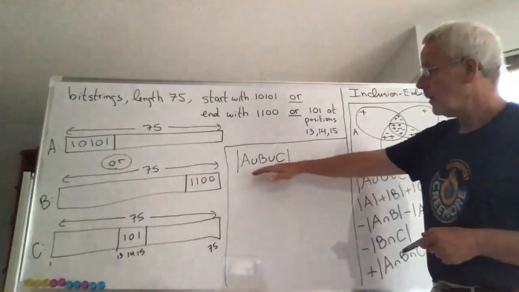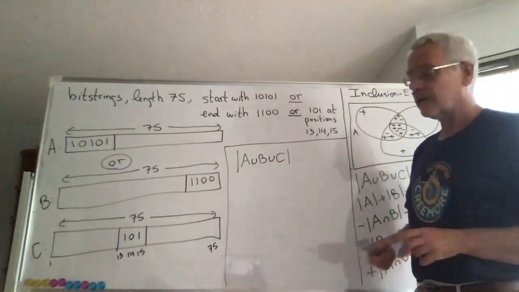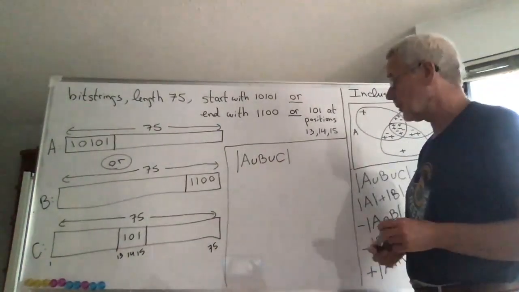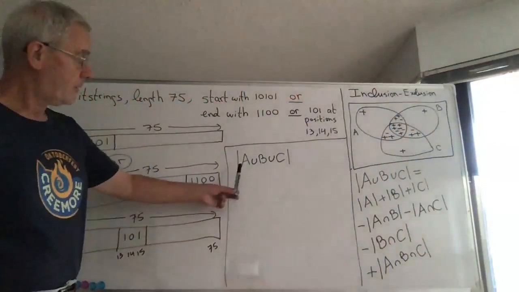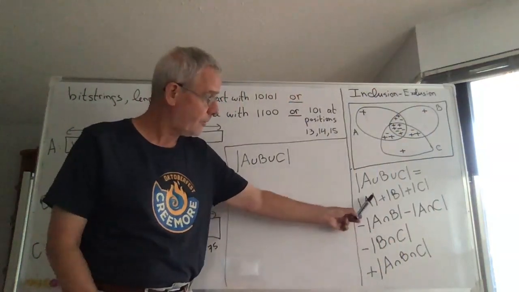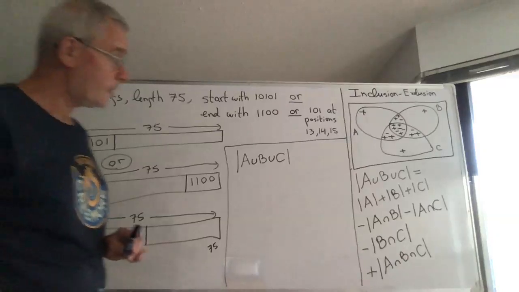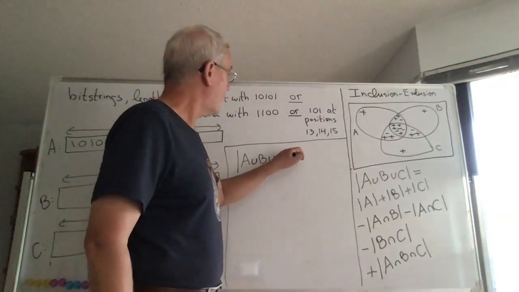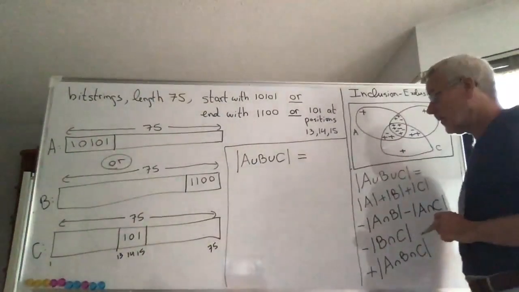Okay, so we cannot just use the sum rule, because the sum rule can only be applied if the strings are pairwise disjoint. Okay, so the formula for the size of the union is here. So we just go through the right-hand side, and then for every term you see there, we're going to determine the size. So what is the size of A union B union C?